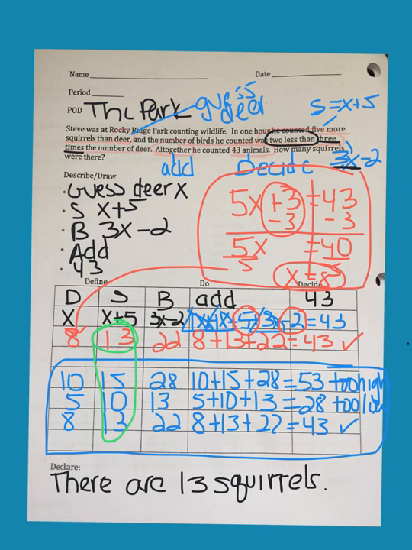You may choose to either do the equation or you may do the guess and check. Please make sure that you include the draw and describe. Please make sure that you do the first row so that you include the cousins and the variables, and then you may go and solve and make sure you do the declare. Also, if you do the guess and check, please make sure that you include 3 tries.